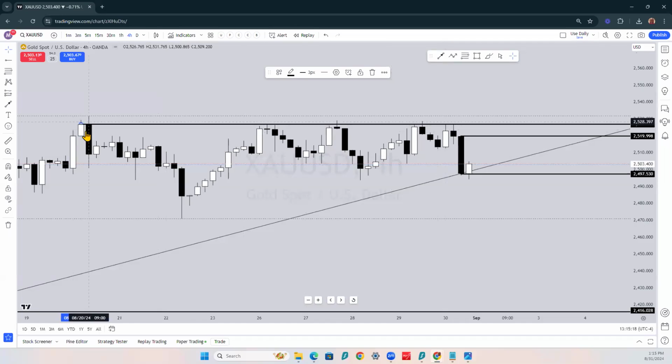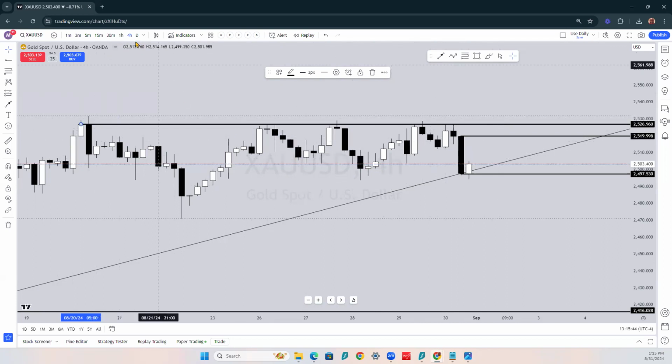So it's got a couple of touches on this horizontal ray. 1, 2, 3, 4, 5, 6, 7, 8. So there's some resistance here, right?